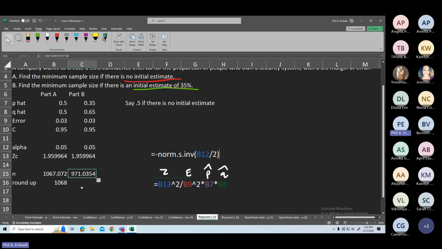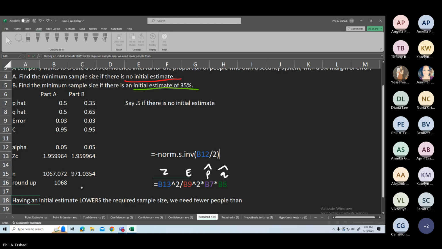And do you see that having an initial estimate lowers my required sample size? We need fewer people than before. Because rather than 1068, now we only need 972.